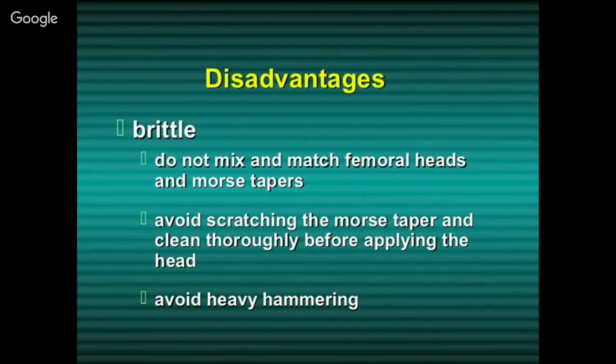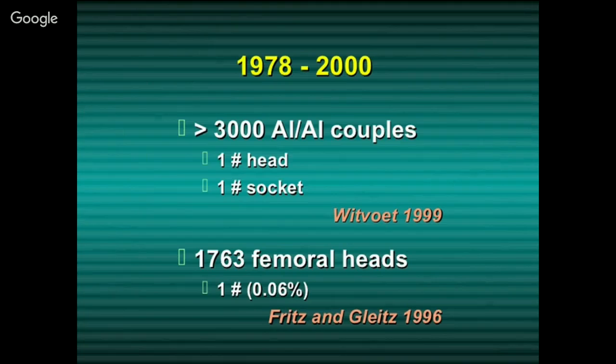Disadvantage: it is brittle. Do not mix and match femoral heads and sockets. Avoid scratching, clean thoroughly before applying the head, and avoid heavy hammering because it can break. Of more than 3000 alumina on alumina couples, there was one fractured head and one fractured socket, and among 1760 femoral heads there was only one fracture in India.